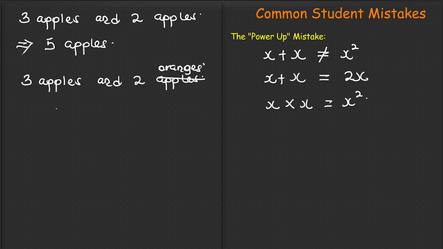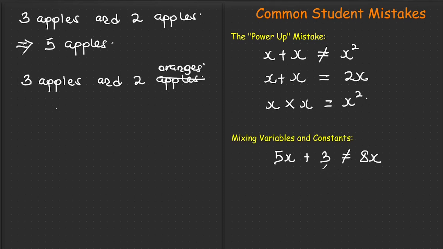This is the first mistake students make. The next mistake is mixing variables with constants. Some students do mix up variables with constants, and it is not the right thing to do. Typical example is when you have 5x, then you add it to 3. They think it is equal to 8x, but no, that is not true.